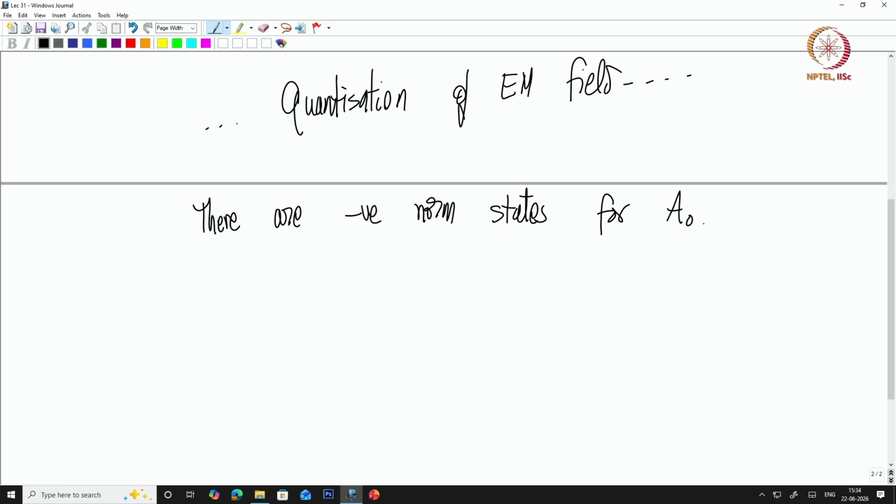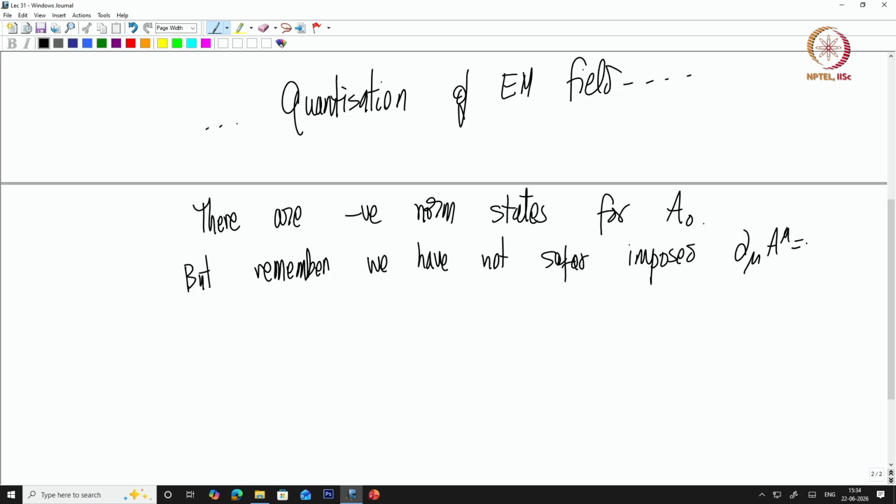So, all these issues we have also seen. So, what we need to do is somehow... but remember, we have not so far imposed del mu A mu is equal to 0.